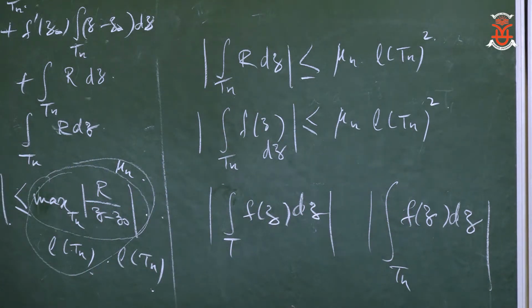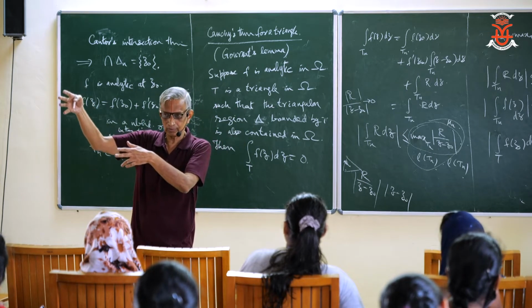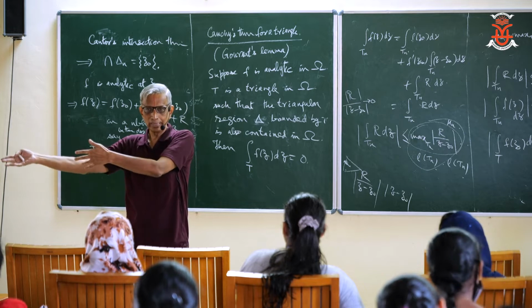How did we choose our Tn? Integral over T1 is greater than or equal to 1/4 integral over T. And then integral over T2 is greater than or equal to 1/4 integral over T1. So integral over T2 is greater than or equal to 1/4 square integral over T.